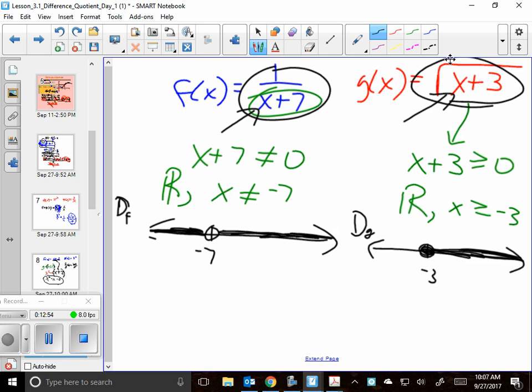So how do I fix it then? I take these two and I do, what do you think? Union or intersection of these two?